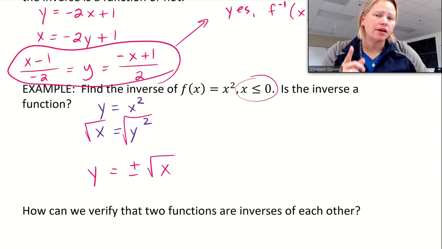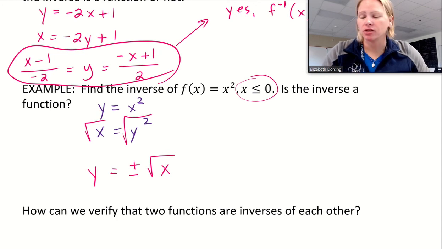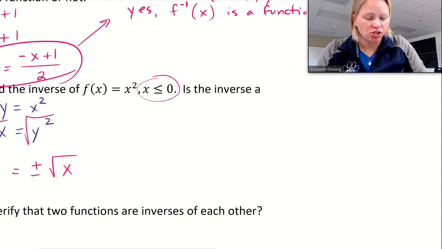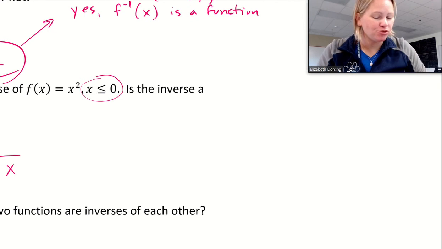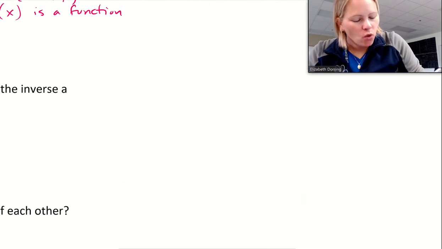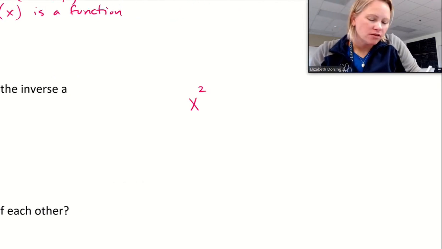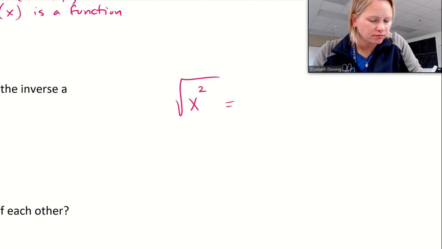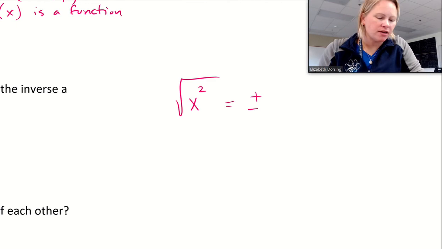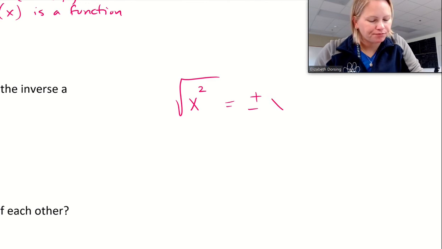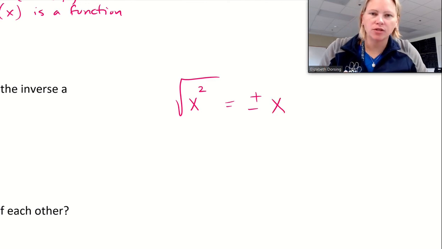So here's a little side note, and this is important for later on in calculus, so make sure that you're paying attention. Just because it's a side note doesn't mean you don't need to know it. We've always been taught that when we solve for x squared, we get a plus or minus, right? So when you're solving for a variable, that's just the way that we do it.